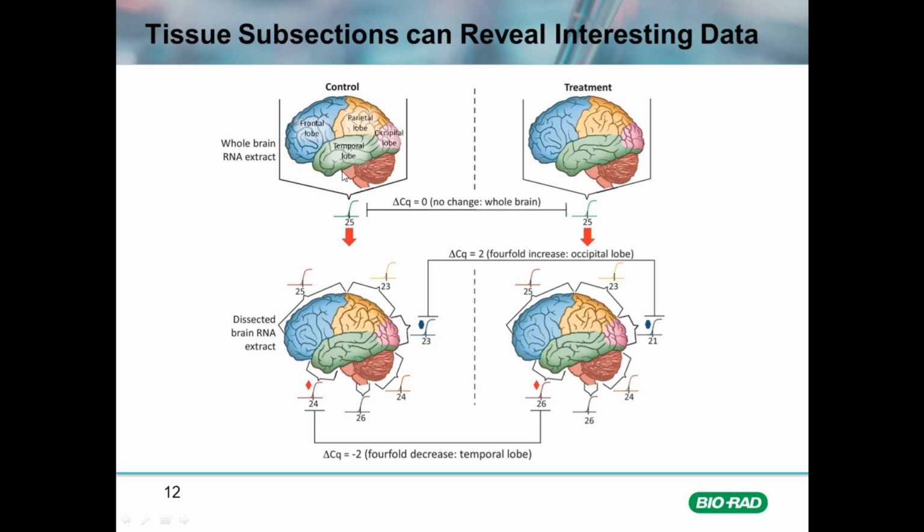The reason why we saw no difference in the whole tissue extract was simply because by extracting the entire RNA from the whole brain, all the other components of the brain that were unaffected diluted out the effect of treatment in the two subsections of the brain that were affected.